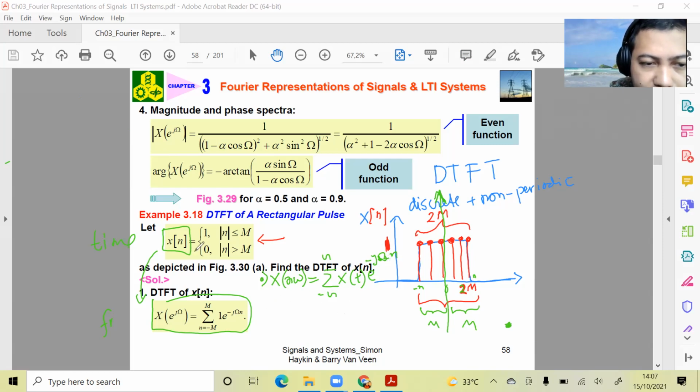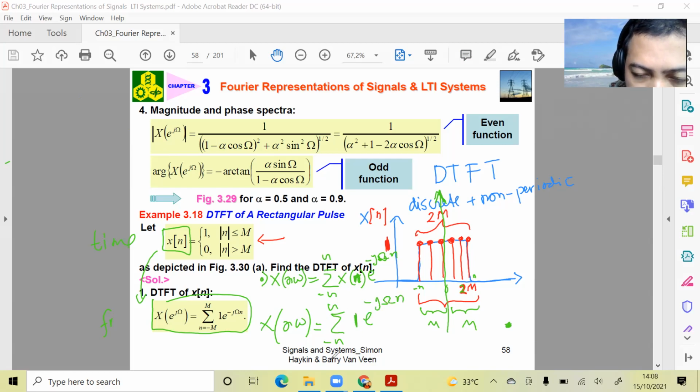In this case, it is x[n], because this is discrete. So X(j omega) equals the sum from minus infinity to positive infinity, and x[n] is only 1, times e to the minus j omega n.